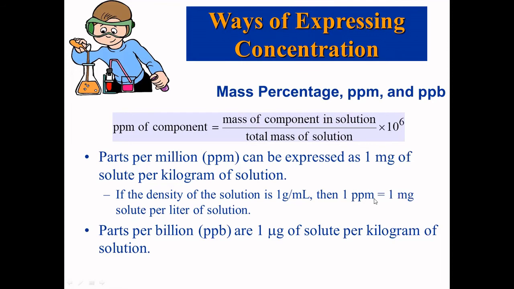So 1 ppm is 1 milligram solute per liter of solution. Or shall I say, there are many equivalents. ppm is equivalent to milligram solute per kilogram of solution, gram per ml, or milligram per liter.